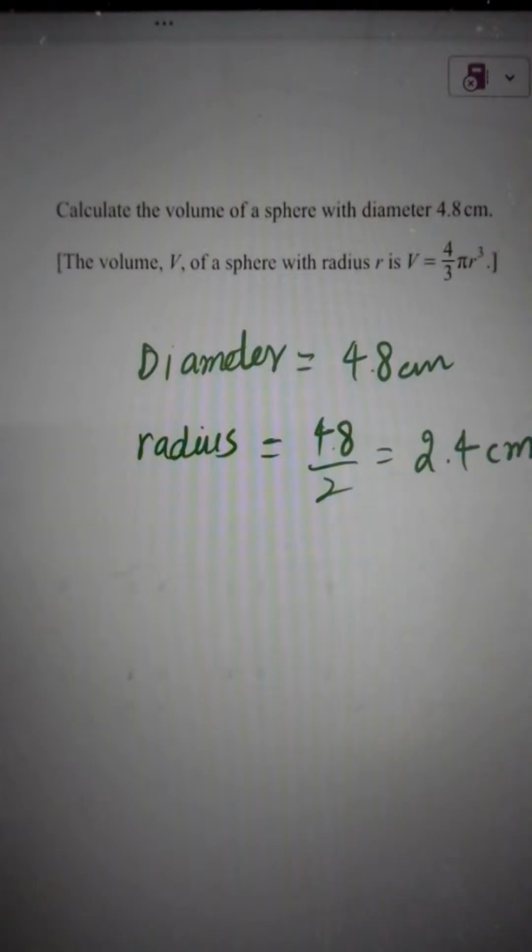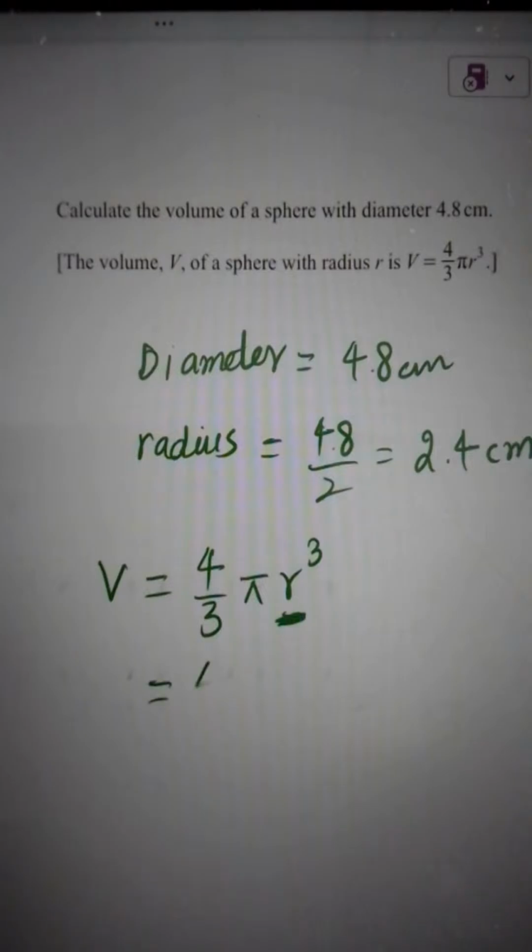So this radius will be substituted because rest of the values are constant there. So volume formula is 4 by 3 pi r cube. So only thing we can see variable is here the radius. Its value can be substituted 4 by 3 pi r. R is 2.4 and its cube.